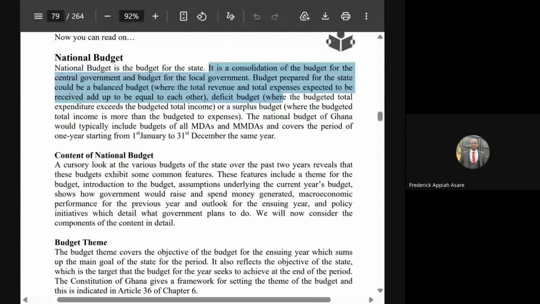A deficit budget is where your expenditure will be more than your revenue. The surplus budget is where your revenue will be more than your expenditure. That is how budget is being prepared.